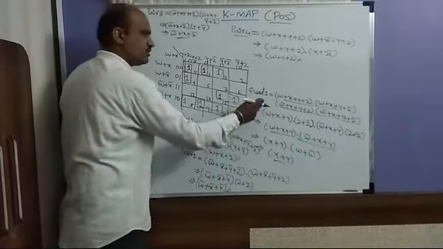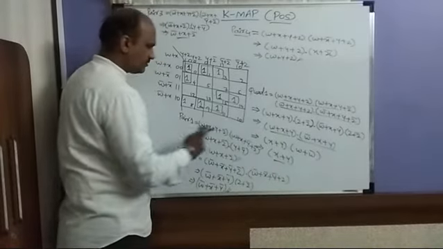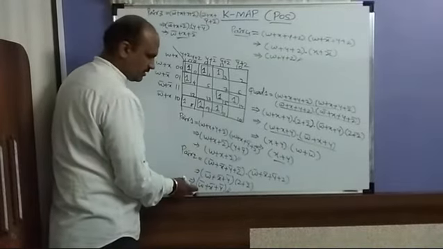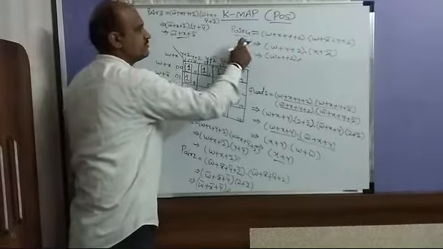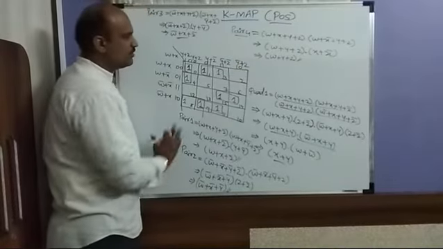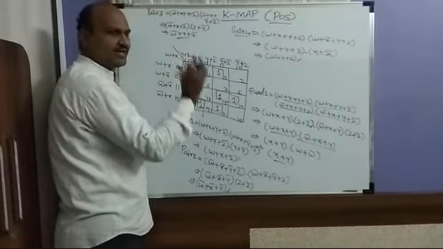Now we got quad 1, pair 1, pair 2, pair 3, pair 4. So you have to reduce the expression like this.